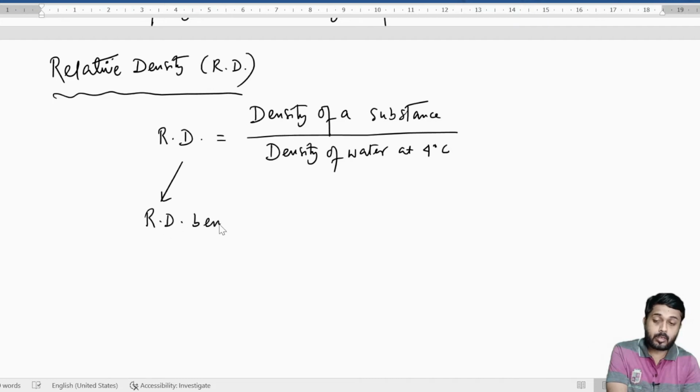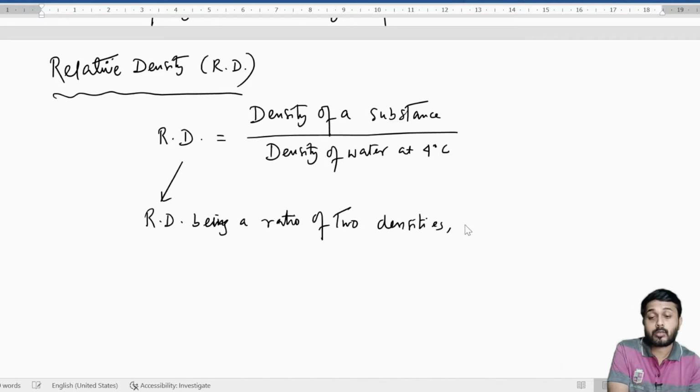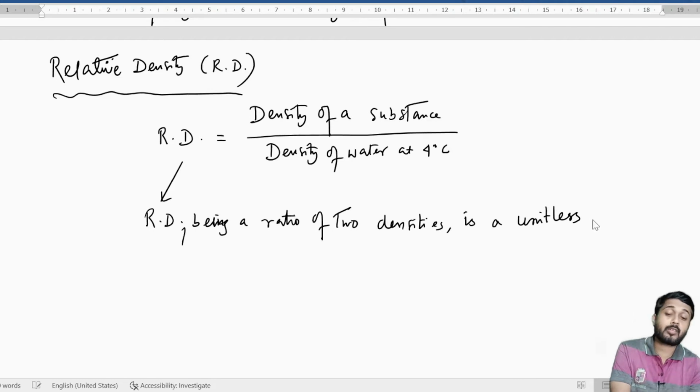RD, being a ratio of two densities, is a unitless number, a unitless quantity.